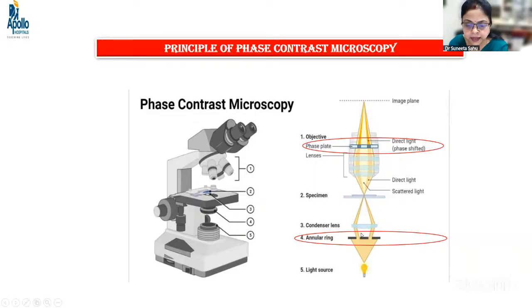It crosses the annular ring and then it reaches the condenser. And from the condenser, the light is scattered and it goes again and hits the phase plate. And this phase plate gives the contrast, and therefore the organisms are visible bright because of the phase contrast created by the annular ring and the phase plate present in the phase contrast microscopes.